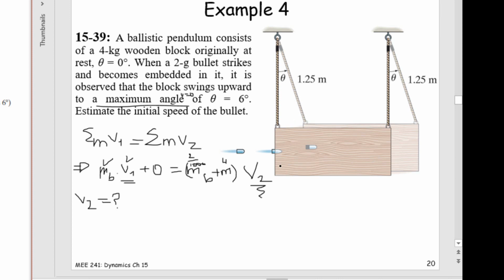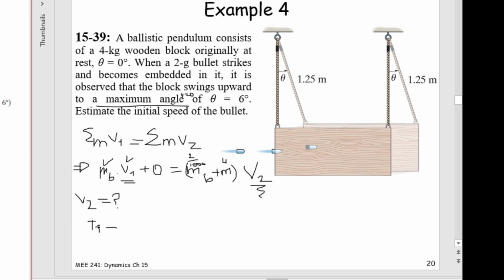I'm going to apply the conservation of mechanical energy, because there is no frictional force between theta equal to 0 and theta equal to 6. The kinetic energy at theta equal to 6 is equal to 0 because it's the maximum angle.